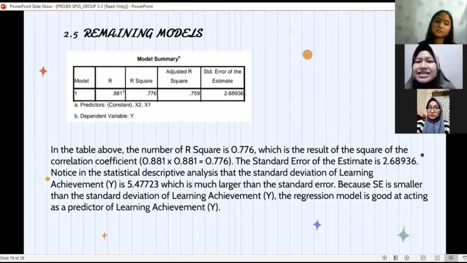Notice in the statistical descriptive analysis that the standard deviation of learning achievement is 5.47723, which is much larger than the standard error, because standard error is smaller than the standard deviation of learning achievement. So the regression model is good at acting as a predictor of learning achievement.